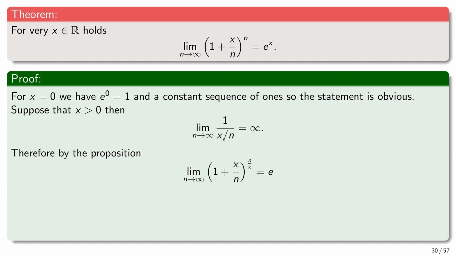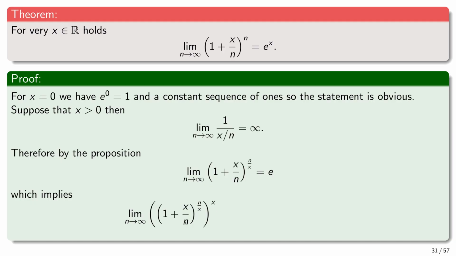If we call this sequence, n over x, by alpha n, then the previous result guarantees that the limit exists and converges to E, okay?